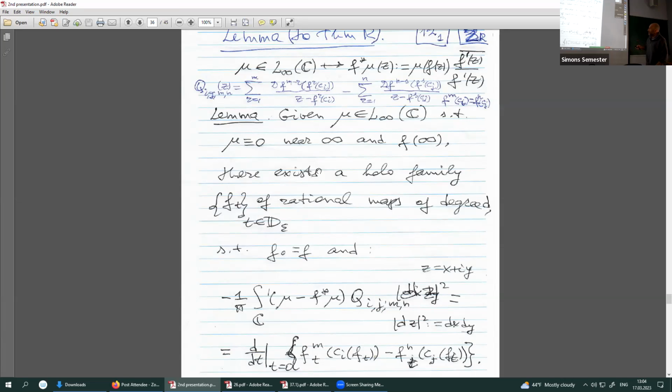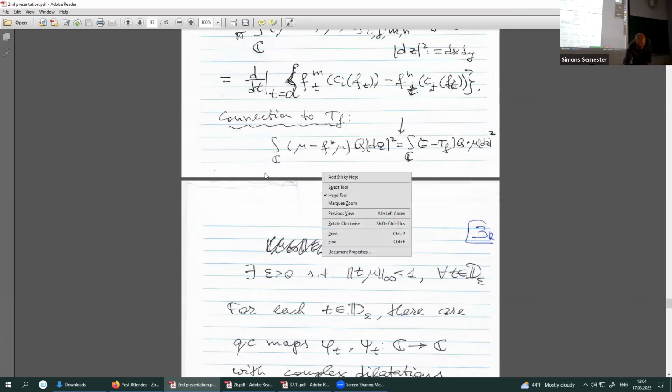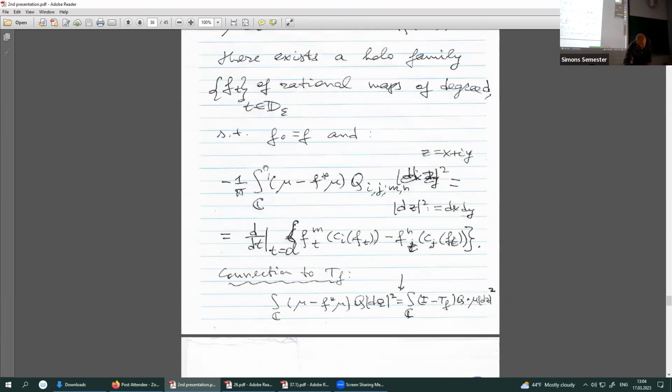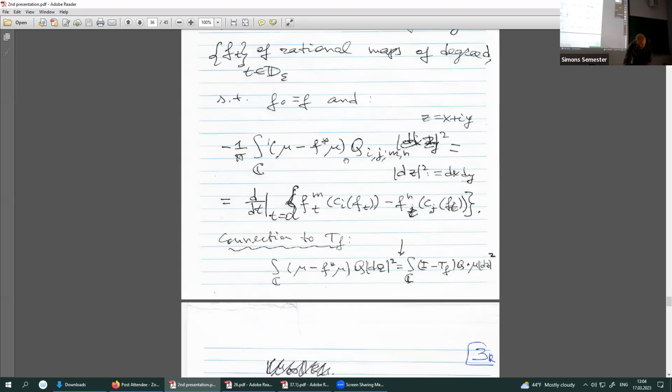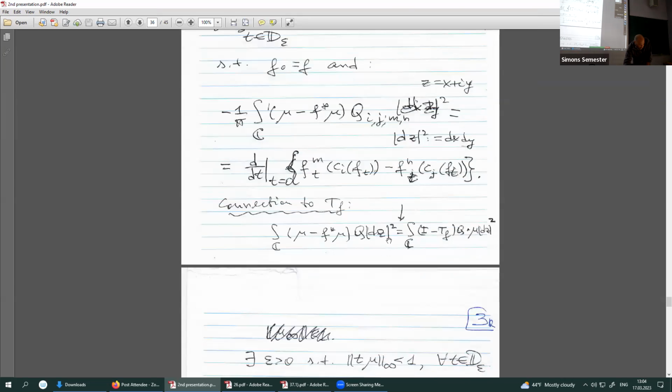And then the lemma says that there is some holomorphic family of rational maps through the map F, such that on each this quadratic differential, on the one hand, this is just expressed by an integral.